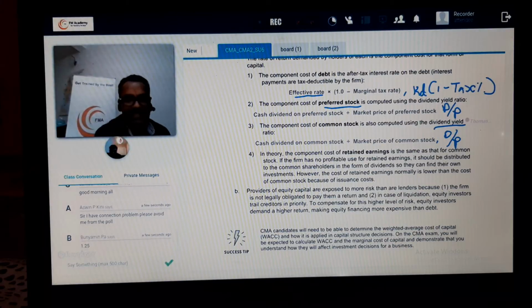This is about existing capital, what you have right now. Then we have common stock, that is also the same: dividend on common stock divided by market price. Then you have retained earnings.